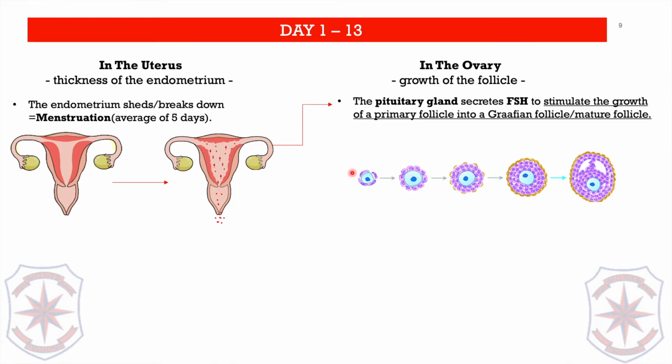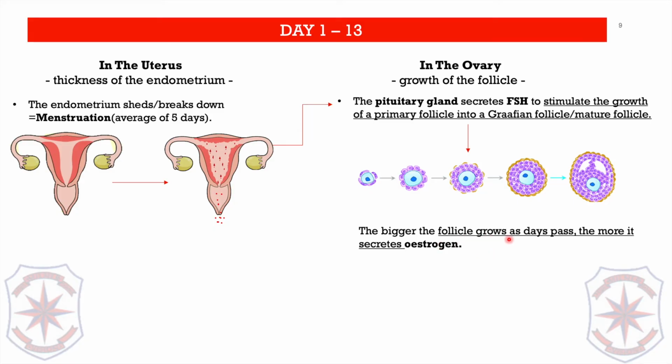So we would have a primary follicle there, and as the days move on, day 1, day 2, day 3, day 4, day 5, until day 13, the primary follicle will grow bigger and bigger until at day 13 it becomes the Graafian follicle. So it matures, and when it is mature, we call it the Graafian follicle.